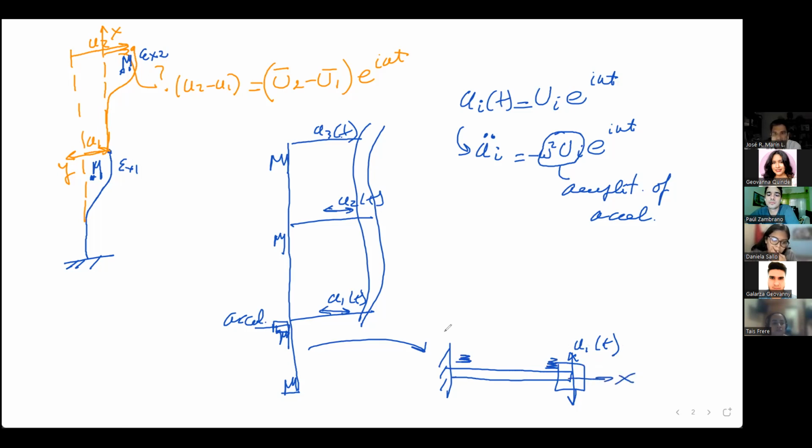This is x, and I'm going to plot the bending moment for this leg only.